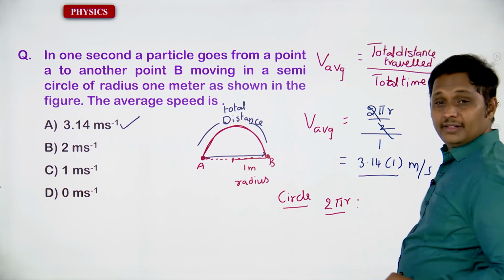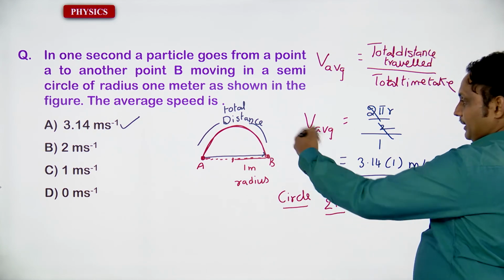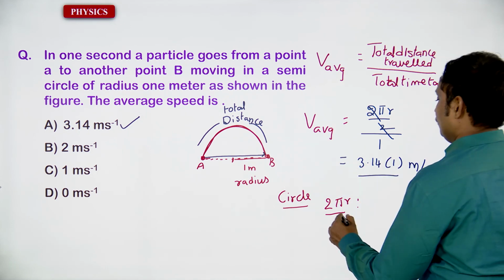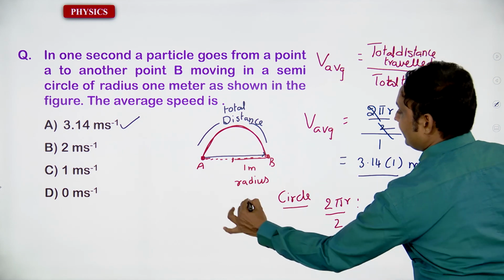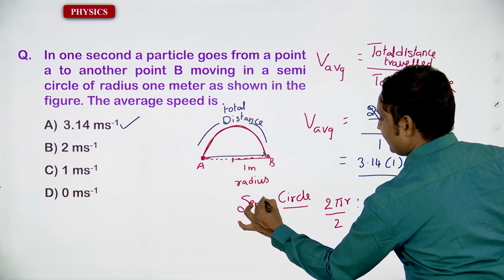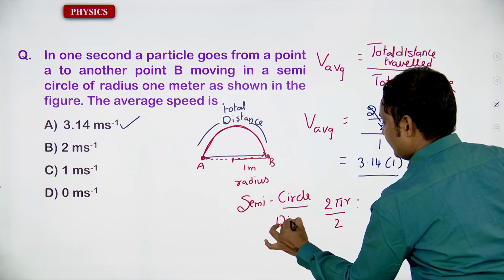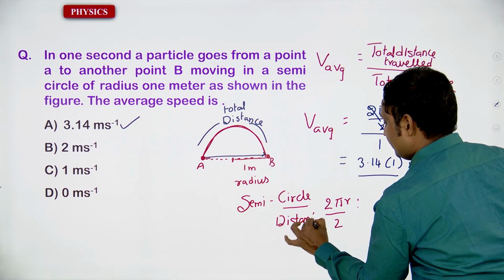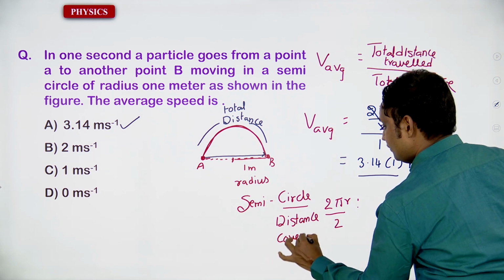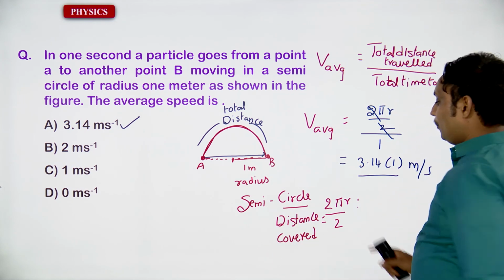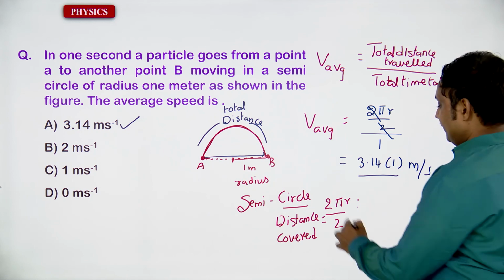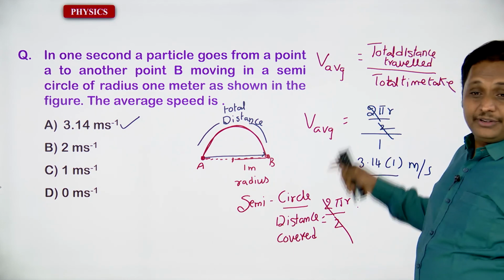It's going to be the circumference for a complete revolution. So 2 pi r by 2. In case of semicircle, distance covered is equal to 2 pi r by 2. It's very clear. That's what we have taken.